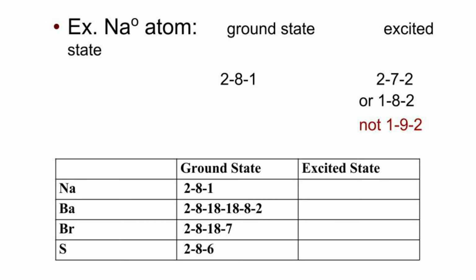So in the example for sodium, you can move an electron from the second principal energy level to the third principal energy level, or you can move an electron from the first principal energy level to the third principal energy level, but you always must make sure you do not exceed the maximum. Notice that the electron configuration 1-9-2 is not acceptable because the second level can never exceed 8.